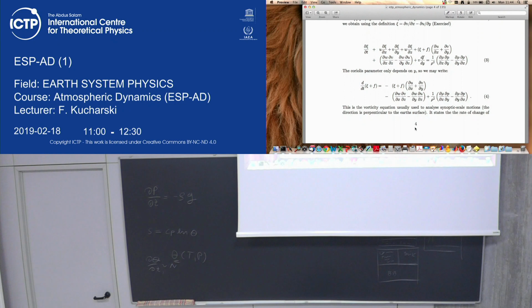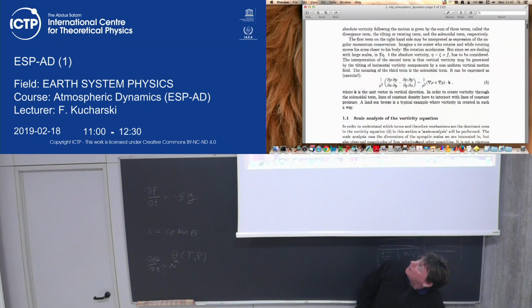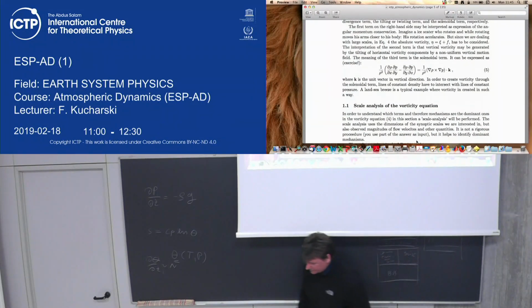It also turns out that this term, even though it's the only real production term here for vorticity, doesn't play such a big role for the large-scale flow. It's an exercise, but you can see that you can write this term also just as a cross product, where the nablas are just the horizontal nabla operator.